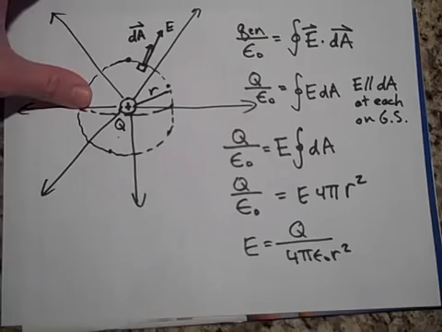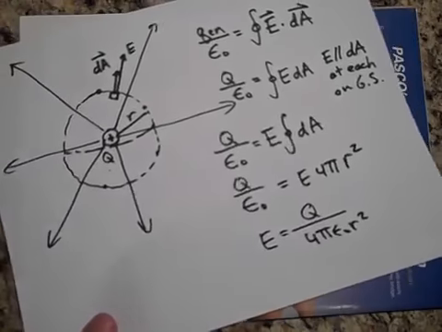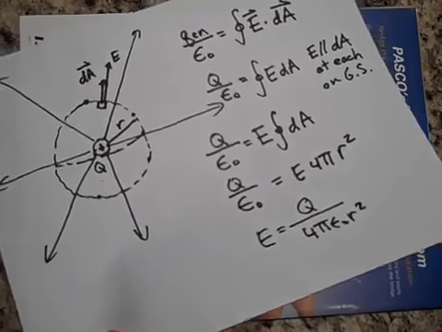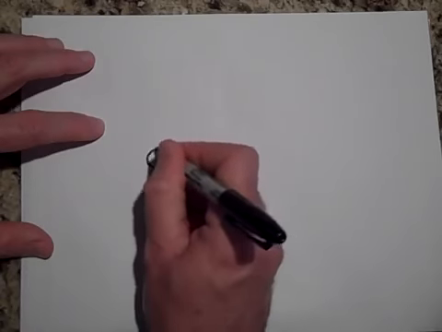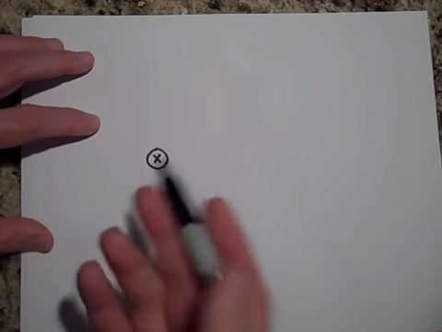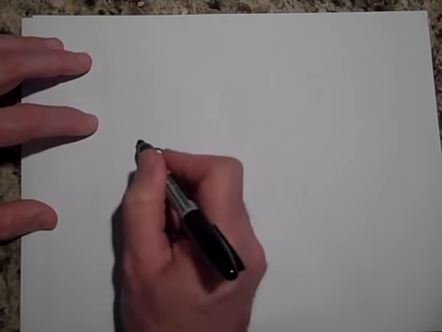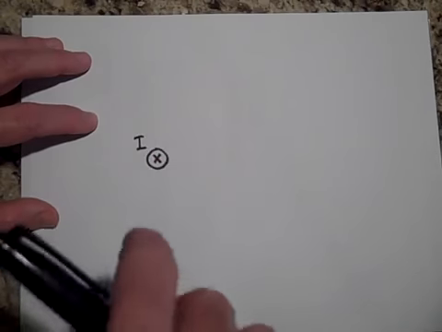Okay, so let me show you how this works with Ampere's law. With Ampere's law, let's have a wire going out of the page. It's coming out at us. I'm going to draw the cross section of the wire, and it's got a current I going through there. Oh wait, the current's going to go into the page.